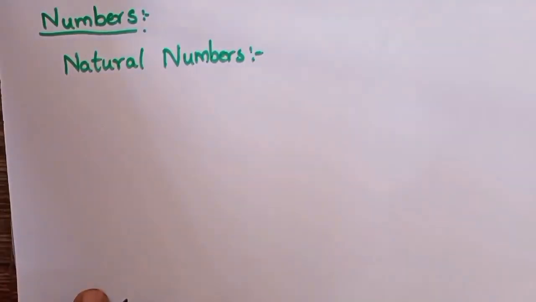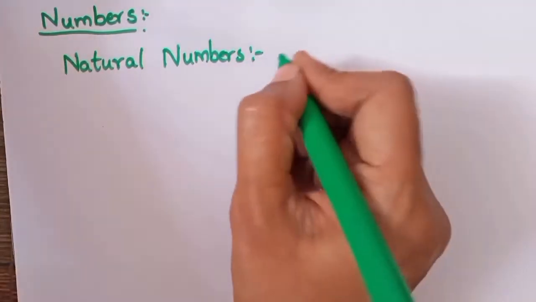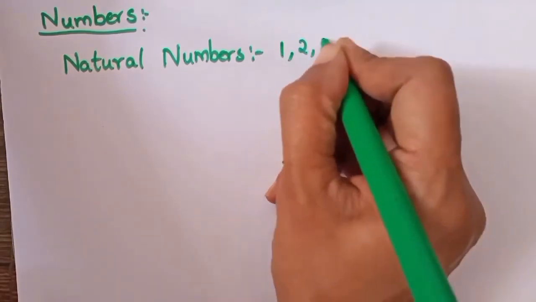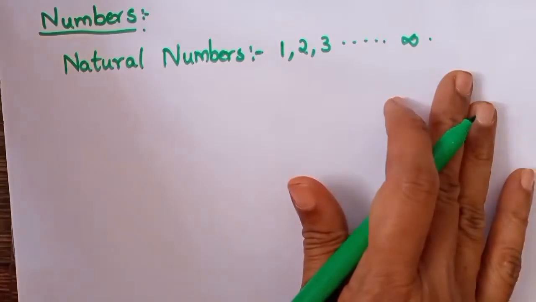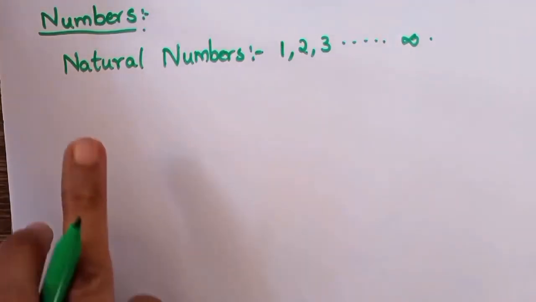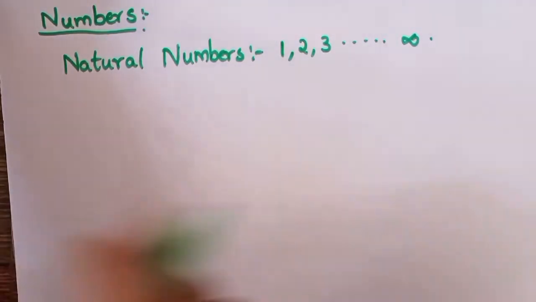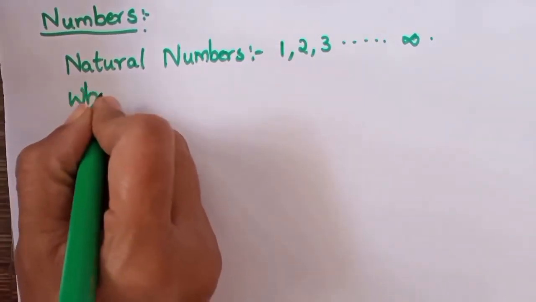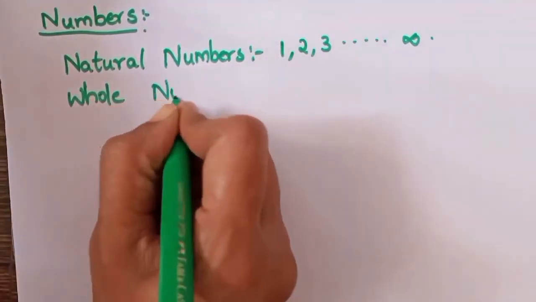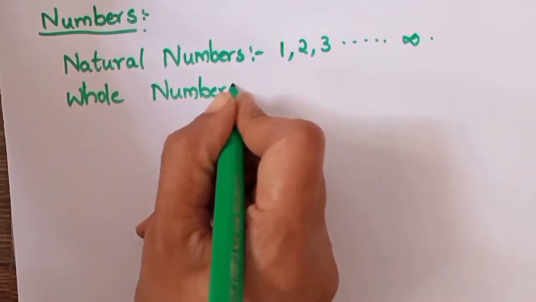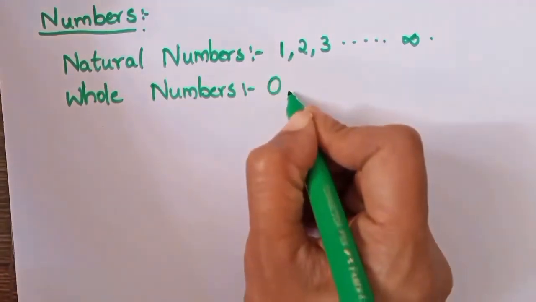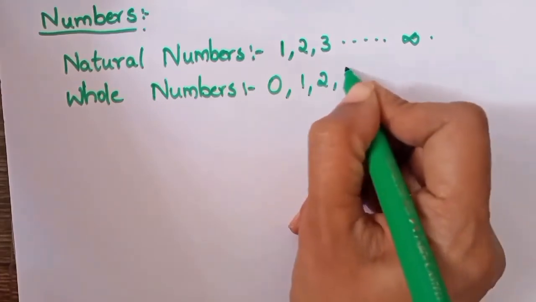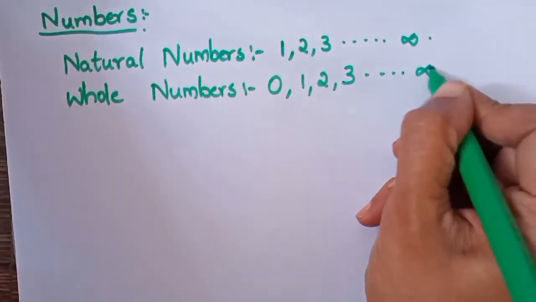The set of natural numbers will always start from 1, 2, 3, and so on up to infinity. The whole set of these numbers is called natural numbers. After natural numbers, we have learned another set of numbers called the whole numbers. The set of whole numbers starts from 0, 1, 2, 3, and so on up to infinity.